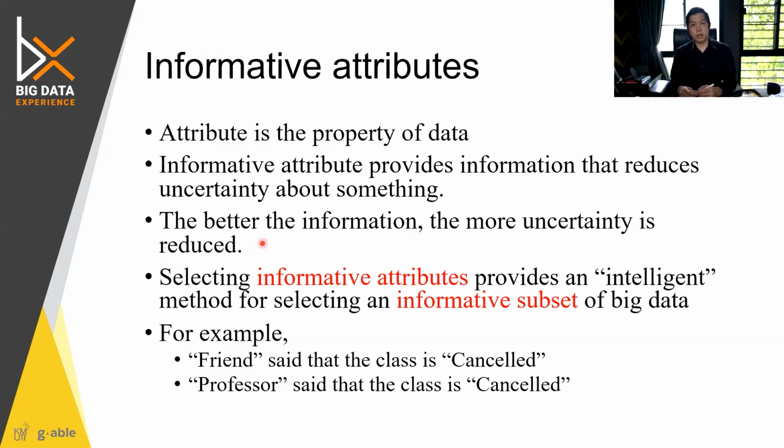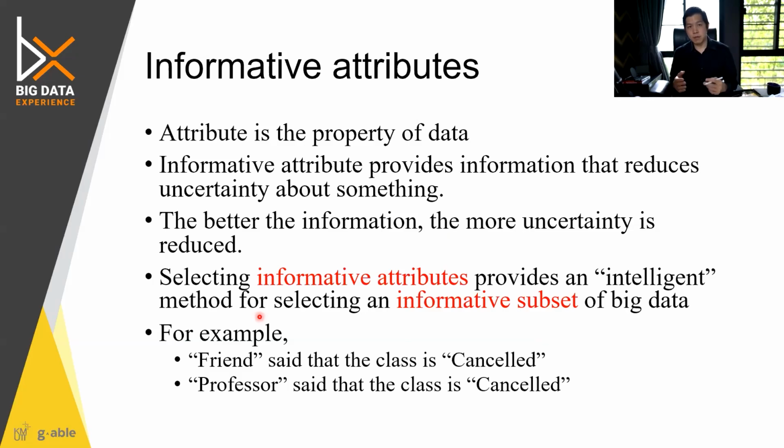If the attributes contain better information, good information, then uncertainty will be reduced, right? You would feel more comfortable. So that means selecting informative attributes would provide a way to select a subset of data, and that subset of data can be used to do classification here.